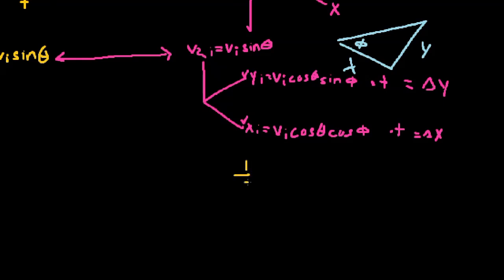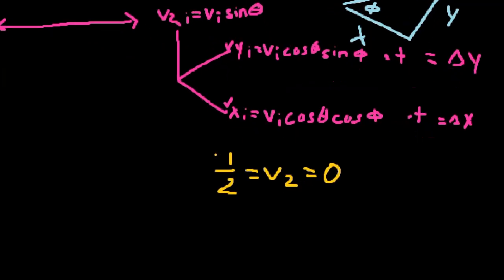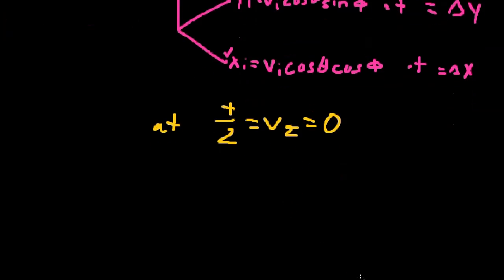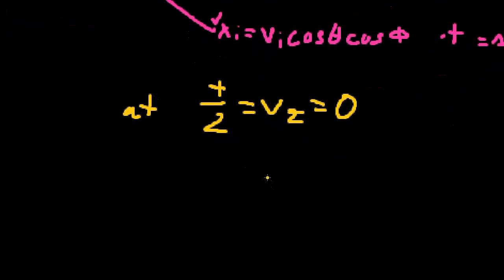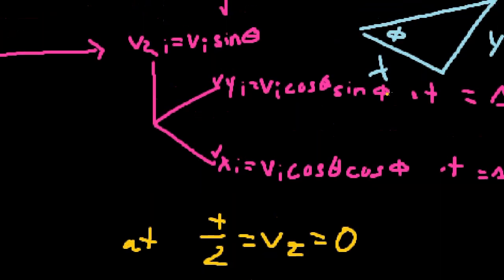And if you remember from earlier, at 1/2 t, which is also the peak of the curve, the velocity in the z direction is equal to 0 meters per second. This is an exact replica of the equation we did earlier for 2D motion, to find the exact same thing.